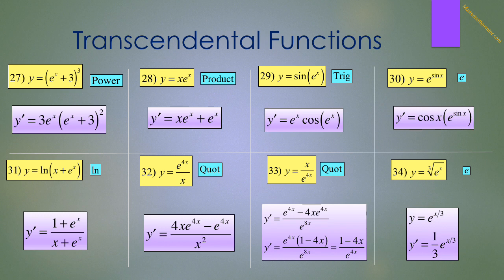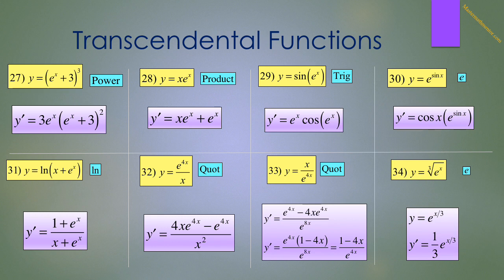33 is also a quotient rule, y equals x over e to the 4x. First step is to square the bottom, and we get e to the 8x. And the numerator will be e to the 4x times 1 minus x times the derivative of e to the 4x, which is 4e to the 4x.